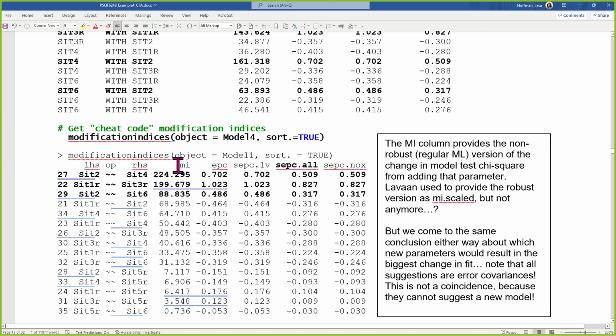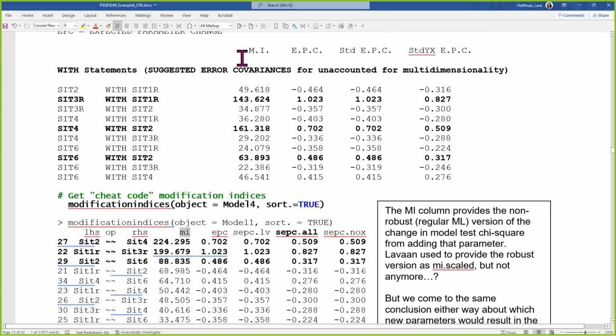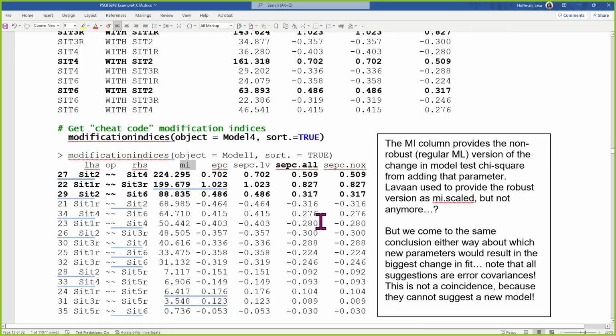So this MI right here doesn't match because this is based on the regular solution, not the robust solution. But in terms of which ones are relatively more important and what the resulting standardized parameter would be, they do match. So it's capitalizing on the same problems.